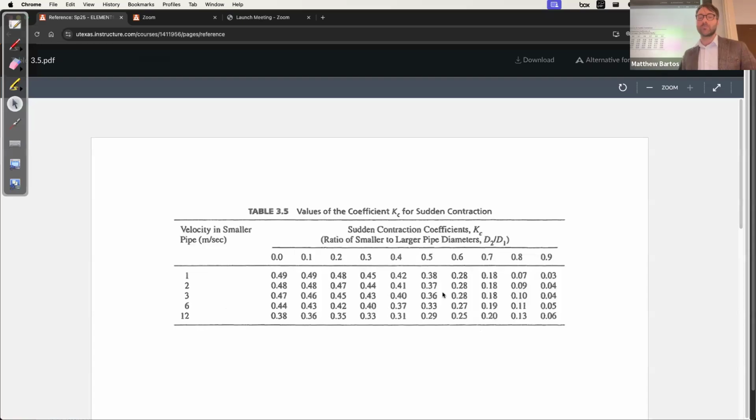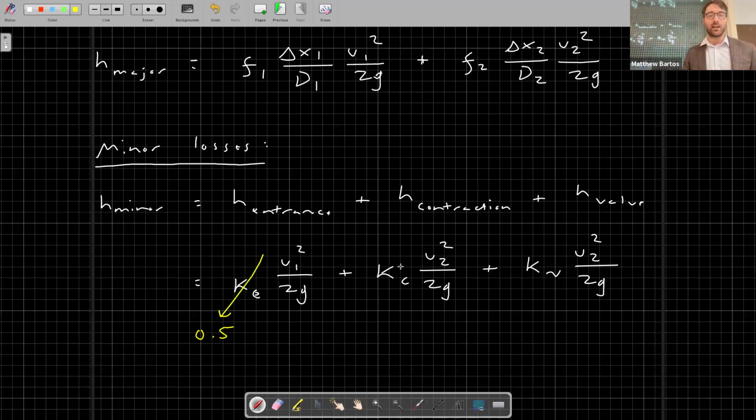So our coefficient is going to be somewhere in this column. I'm going to go ahead and just pick 0.33, so velocity of 6 meters per second. That actually seems pretty high, but I'm just going to pick that entry, and we're going to adjust our answer after we solve for the discharge. So I'm going to pick 0.33 as our first guess.